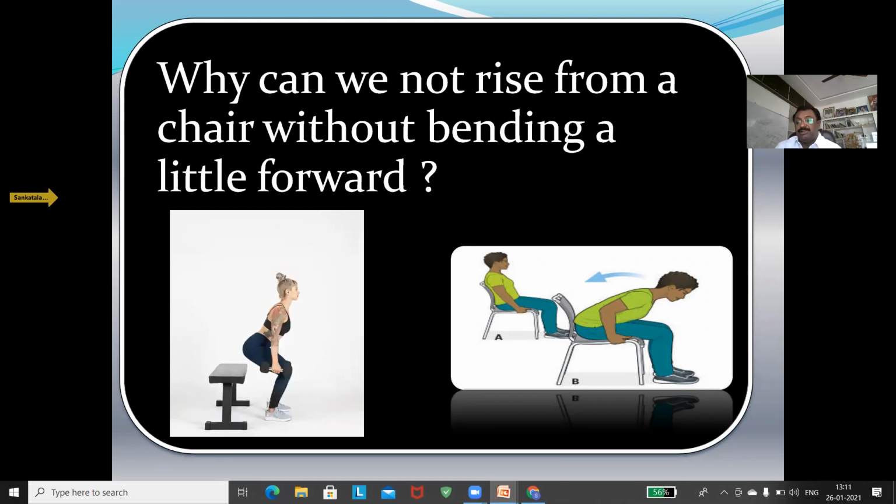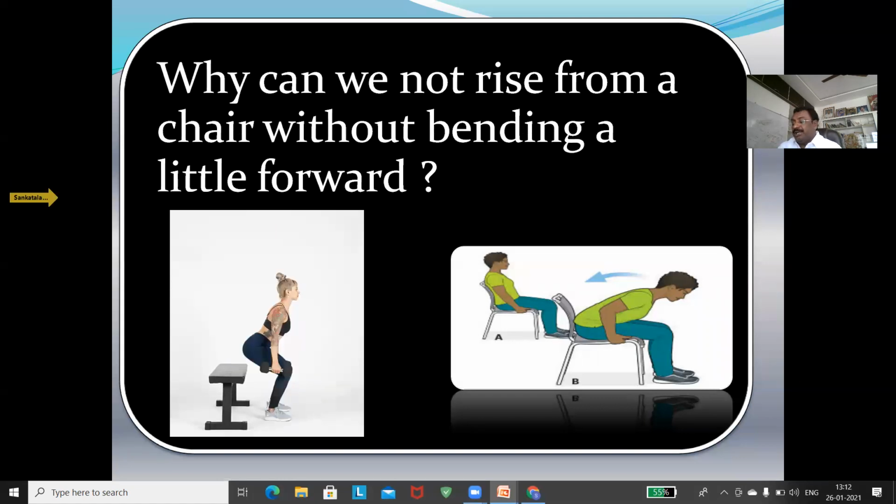Why? Because when we are sitting on the chair, our body forms a torque. The center of gravity is located below, on the bottom side of the chair. That is why we cannot rise without bending, because our body forms a torque. When we bend, the center of gravity shifts above our feet.